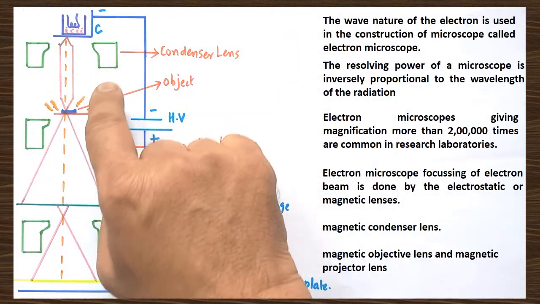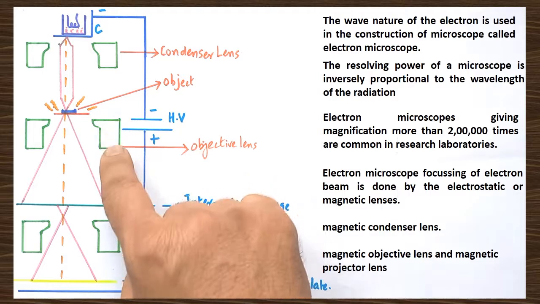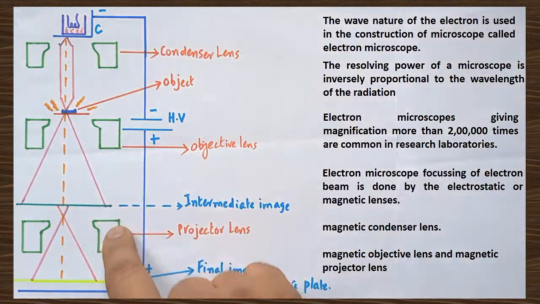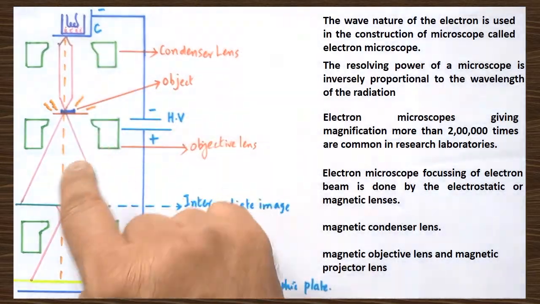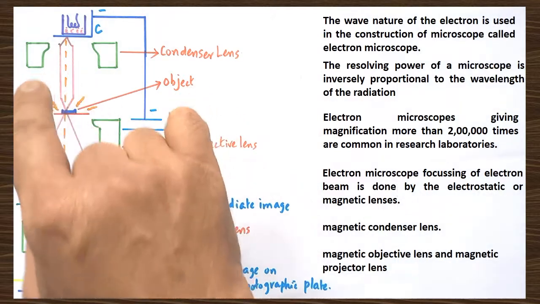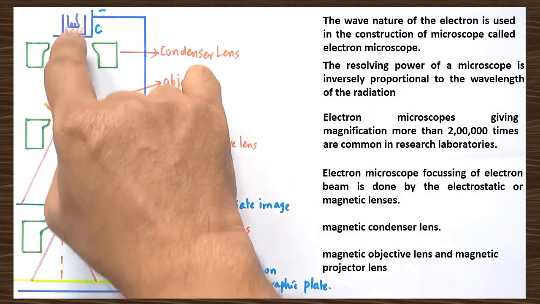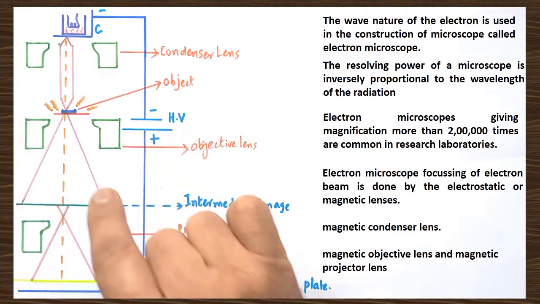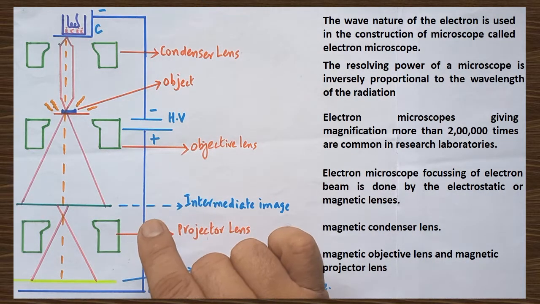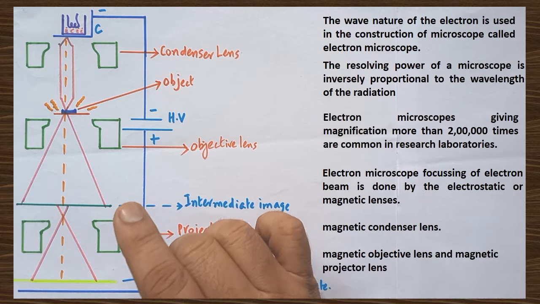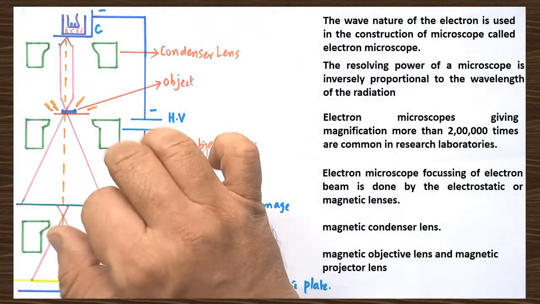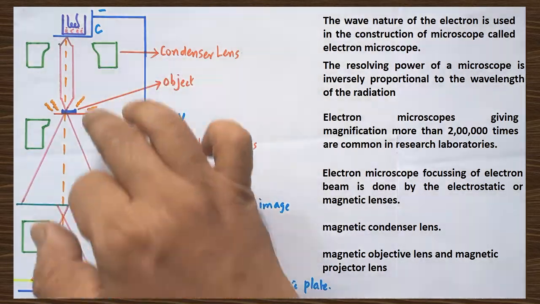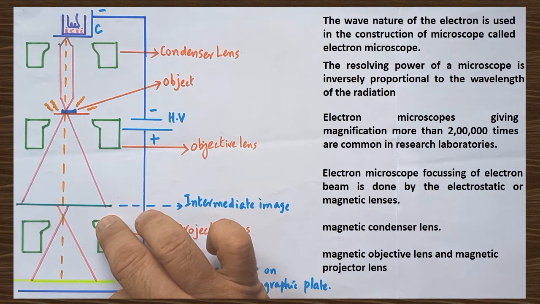Instead of glass lenses, here the lenses are made up of electromagnetic lenses, because they are able to converge or diverge the electron beams. When electrons pass through a magnetic field, they are able to be diverged or converged with the help of the electromagnetic lenses. Are you clear?